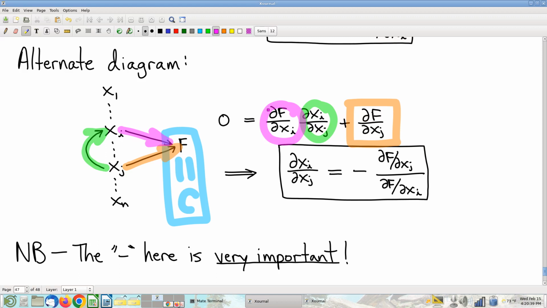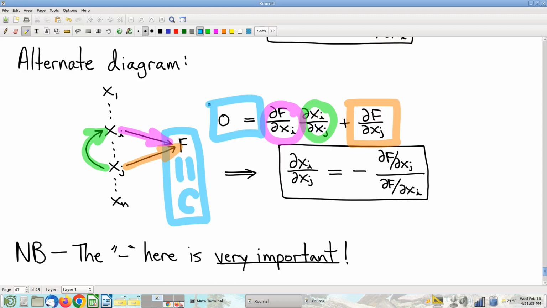So this is all that happens. When you change x_j, that's going to directly contribute to a change in f, and it's also going to cause x_i to change, and that's going to contribute to a change in f. But don't forget, both of these together, grand total, f is not allowed to change. f is constant. So the actual total change in f has to be 0.